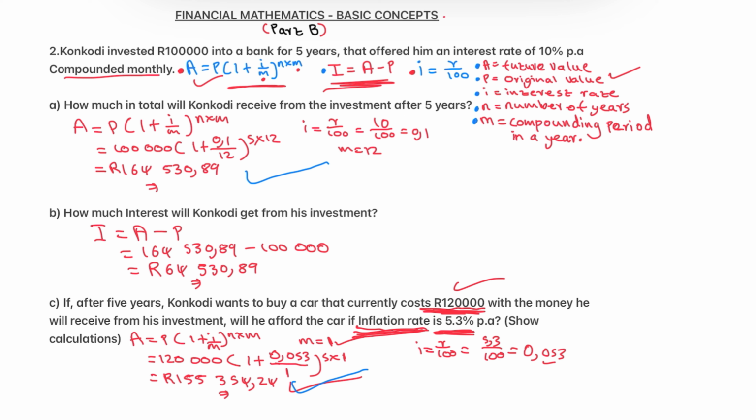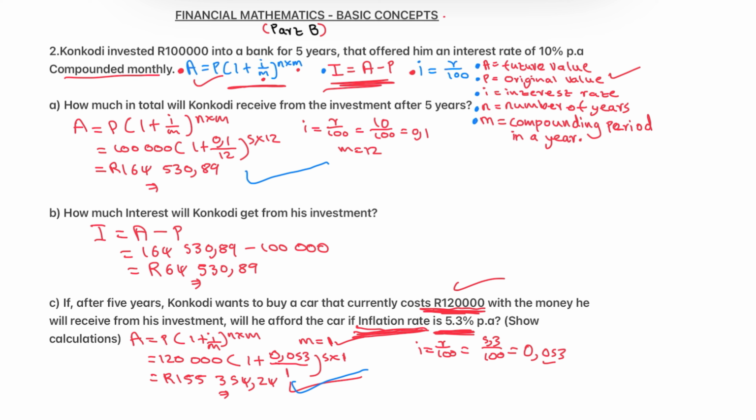So we can see that 164 is bigger than 155, meaning Konkodi has more money in his bank account than the cost of the car in the future. In the future, Konkodi will have 164,000. The car in the future will cost 155, meaning Konkodi can afford the car with the money he is going to get from the investment. Does it make sense? Clear, right?